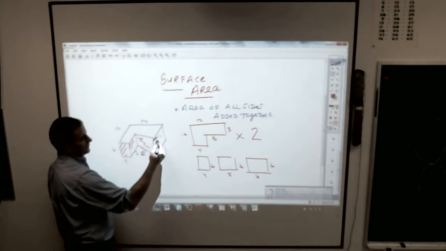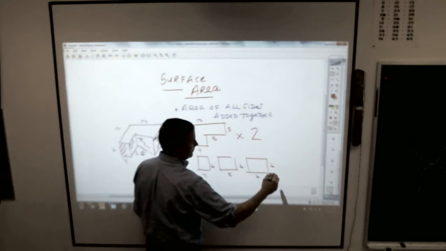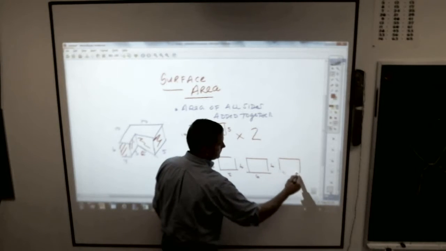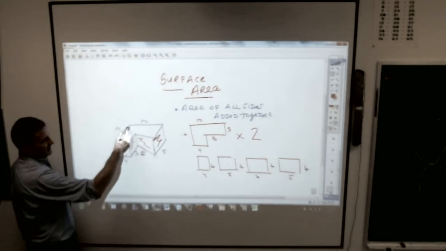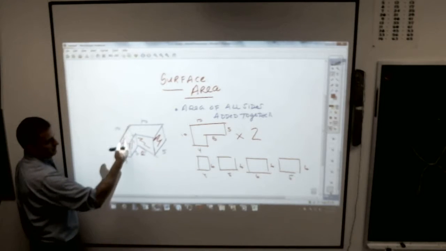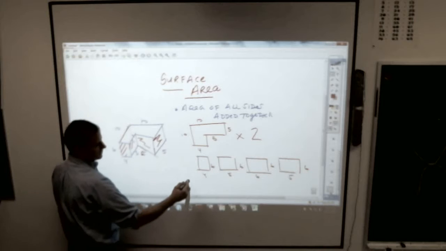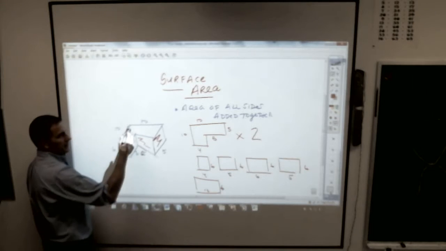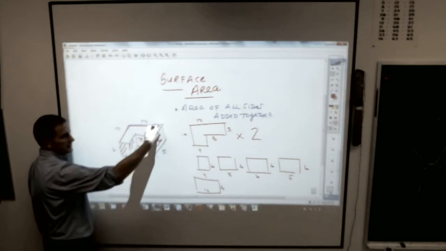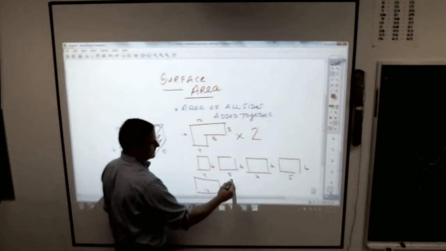I've got this one here, another 5 by 6 shape. What am I missing? This back side over here that you cannot see, it is 10 by 6, correct? And then you've got this side right here that you can't see, which is also 10 by 6.